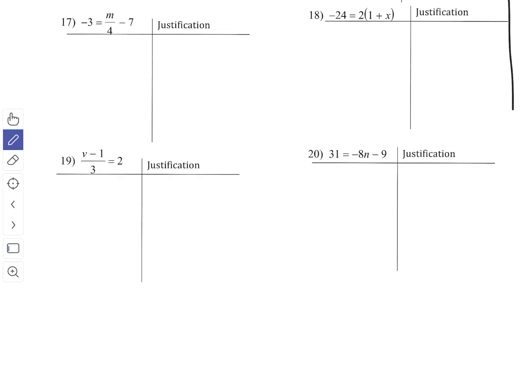On number 17 now, we take a look at this one, and we're going to add 7 to both sides first, right? Now, if it's helpful, sometimes I've seen some teachers have their students draw a line down the equal sign. If you need to make sure you're doing things on the opposite side of the equal sign, that's great. You can do that. Addition property of equality right here, okay? Giving us negative 3 plus 7 is positive 4 equals m over 4, because we didn't touch that one, and plus 0.